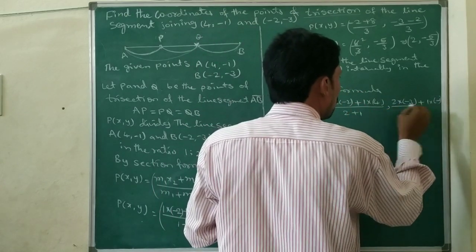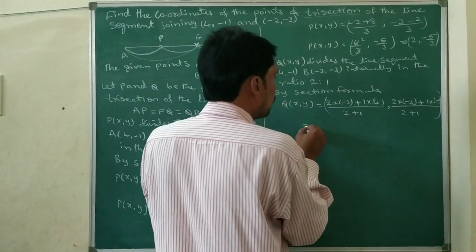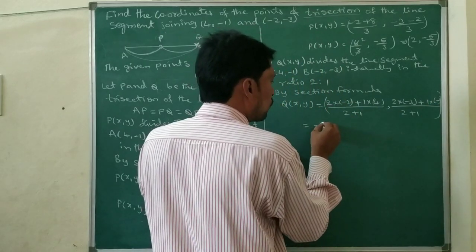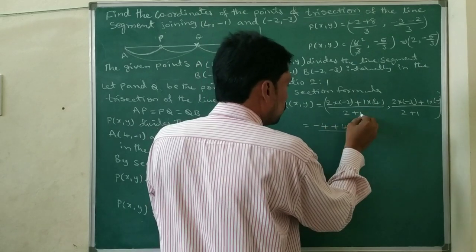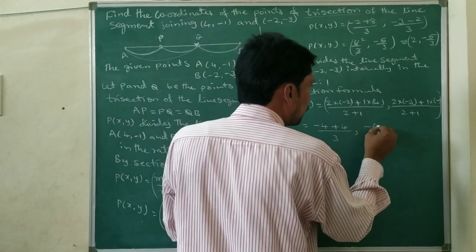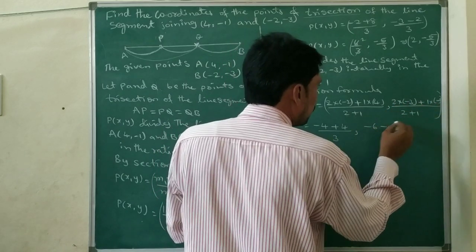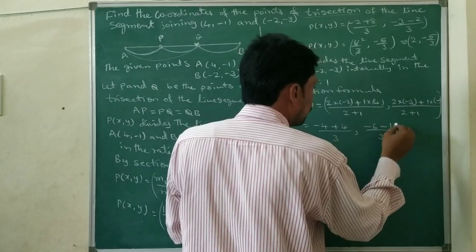That equals 2 into -2 is -4 plus 1 into 4 is 4 by 2 plus 1 is 3, comma, 2 into -3 that is -6 plus 1 into -1 is -1 by 2 plus 1 is 3.